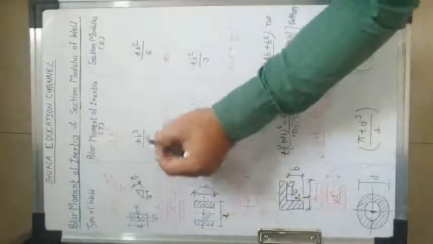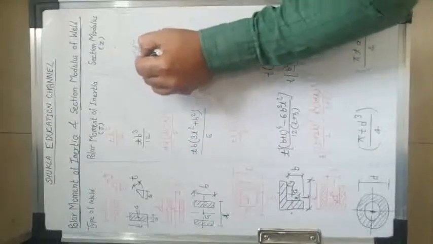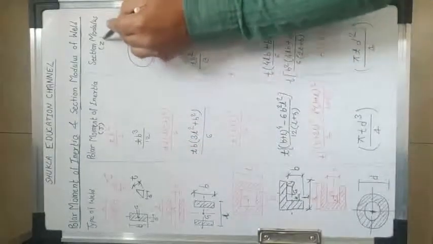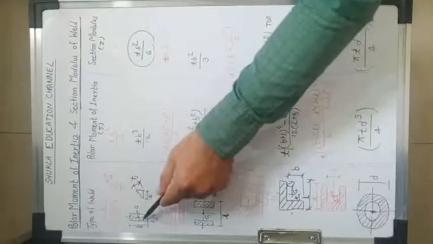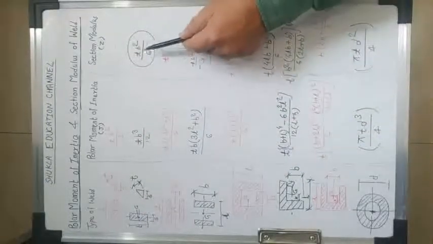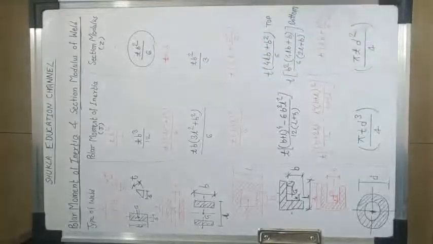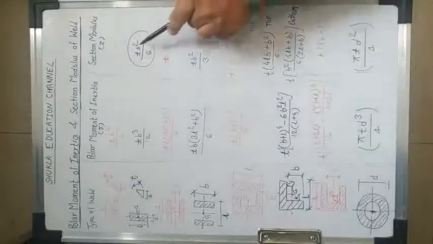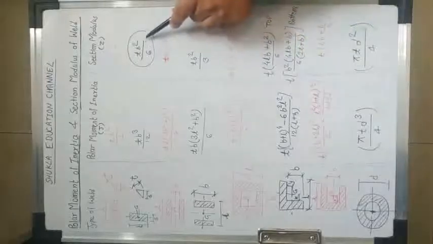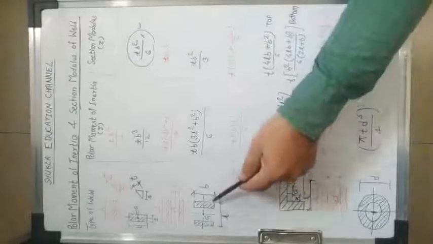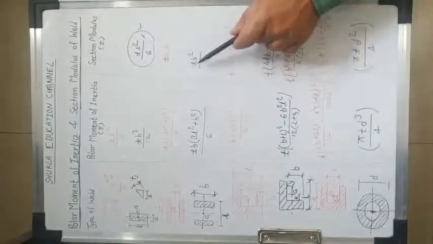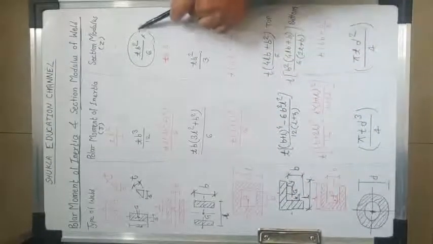See, we have used this section modulus for rectangular, and this is the vertical welding, TB square upon 6, which I have used for single. If you use double, this is simply multiplied by 2. For 2 vertical weldings, this is TB square upon 3 multiplied by 2.